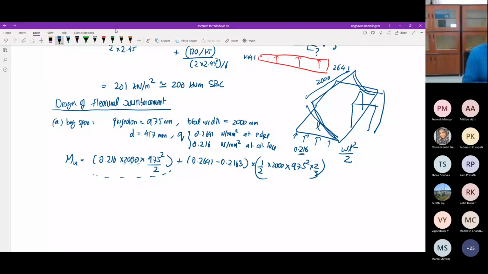In fact, if I use this, how much I get is 975 square by 2 into 2000 into 0.216. I get about 206 kilonewton meter. So if I just use this, I get 206 kilonewton meter.